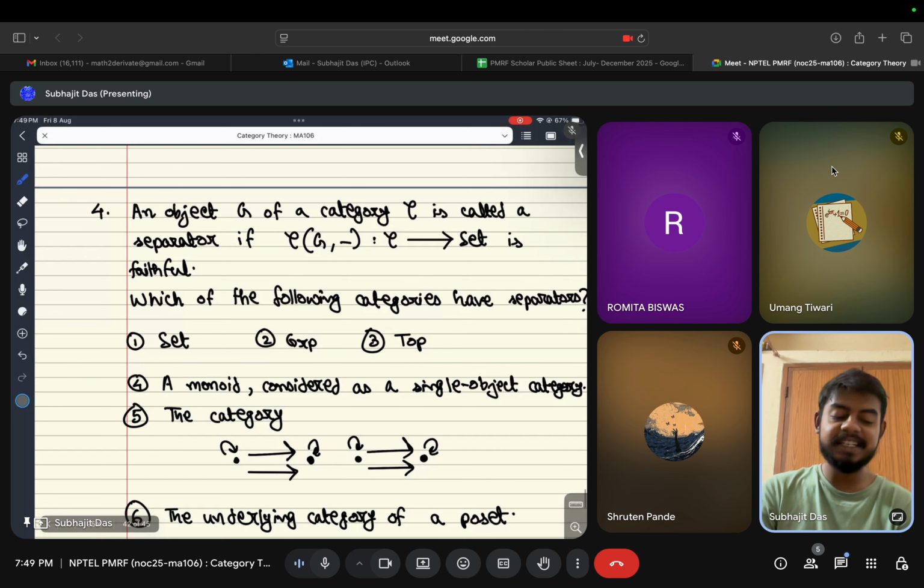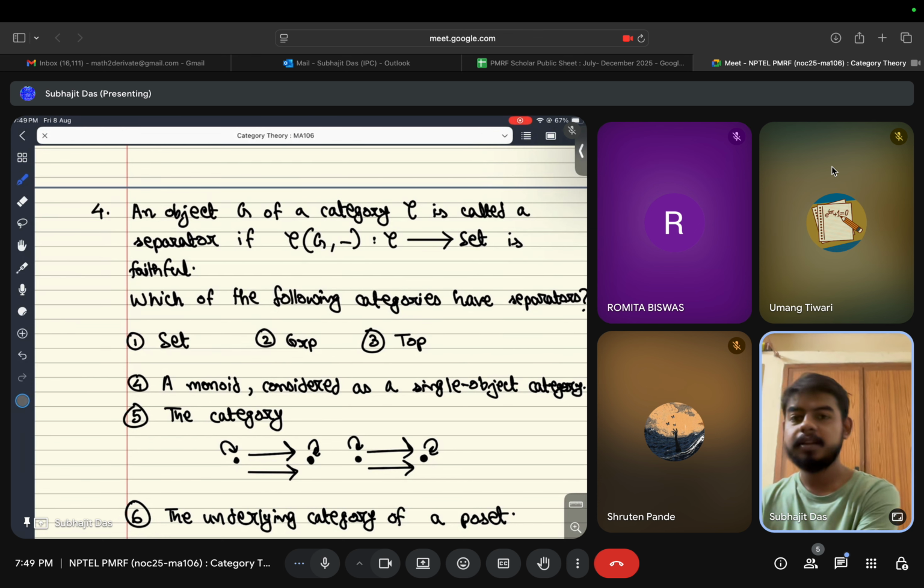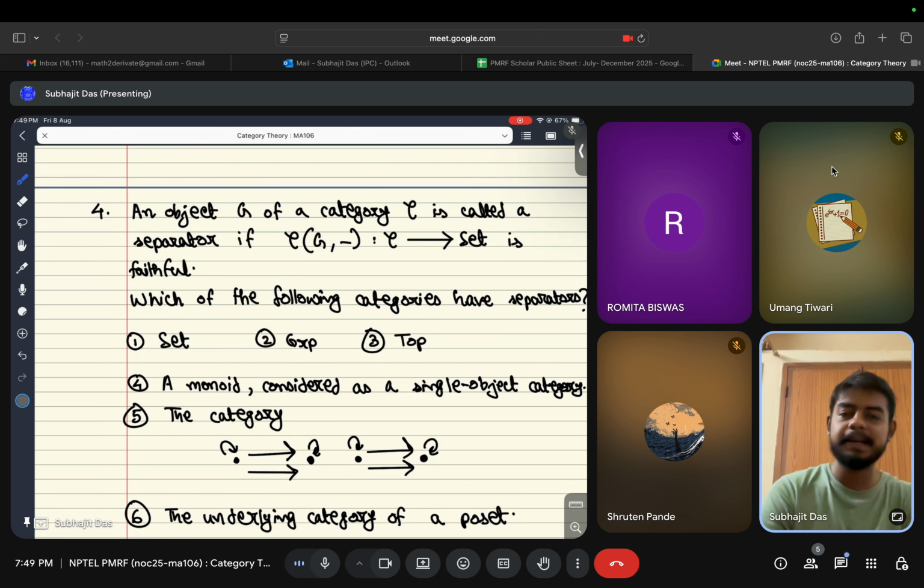A monoid considered as a single object, does it have a separator really? If there is exactly one single object, that single object should be your separator. If the category has a separator at all, the unique object should be the separator. So the question is, is that unique object a separator?